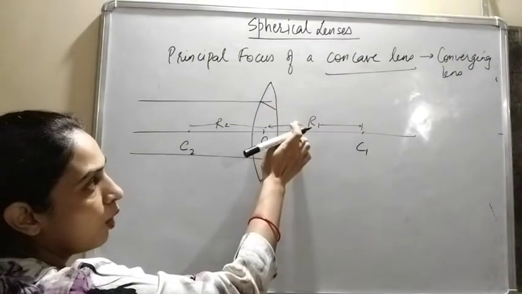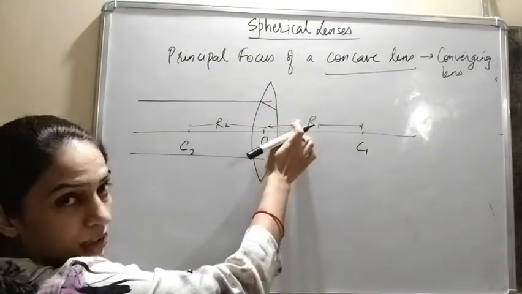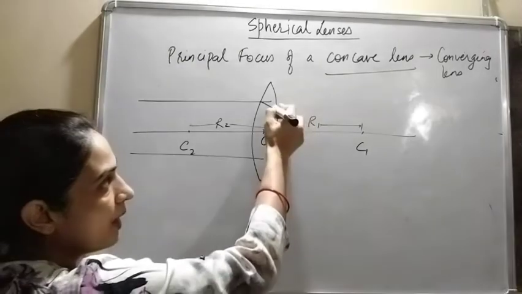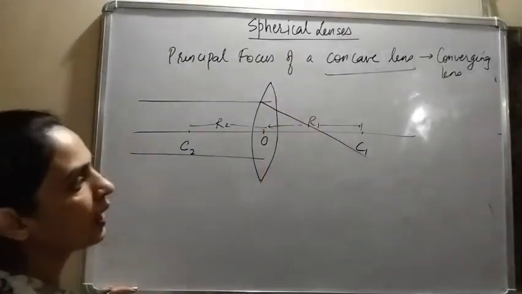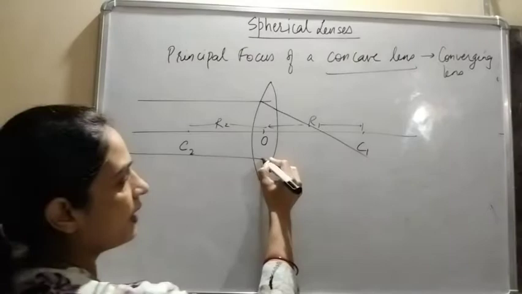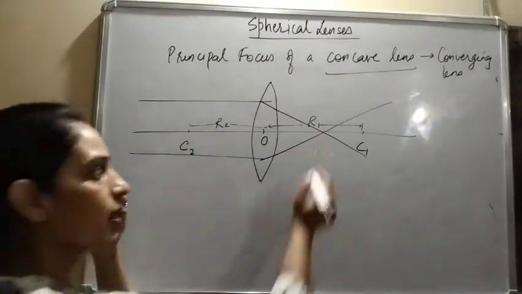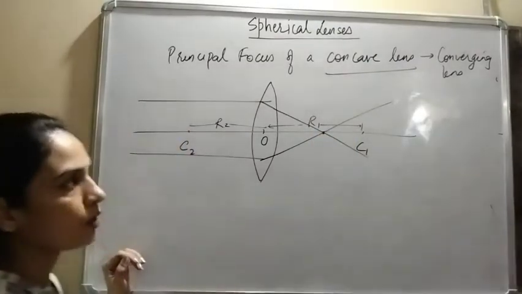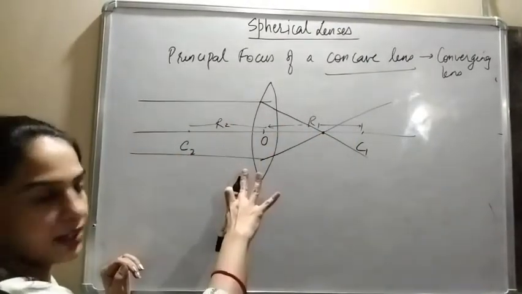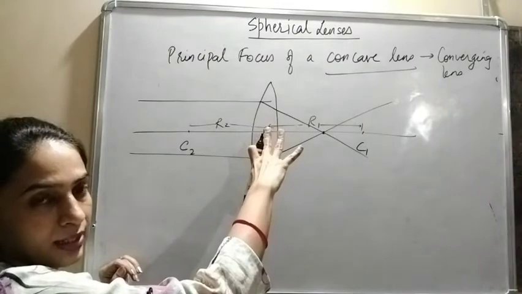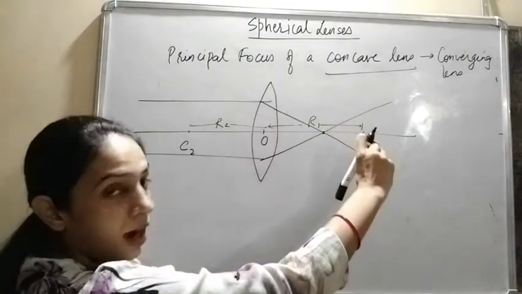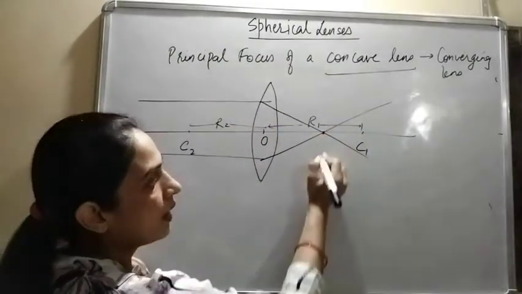Then while going from denser to rarer medium, it bends again. After two successive refractions, all the parallel rays are converged at a point.